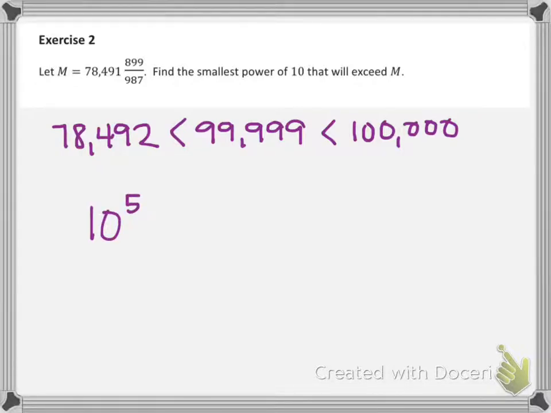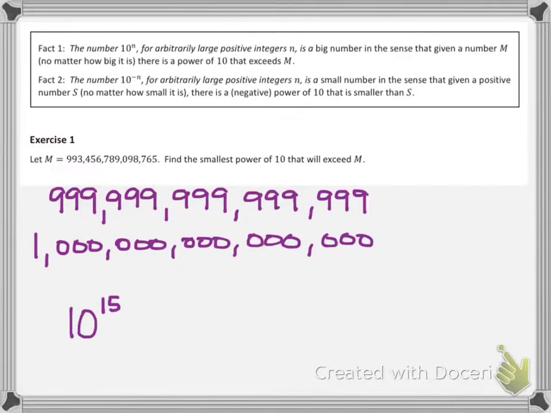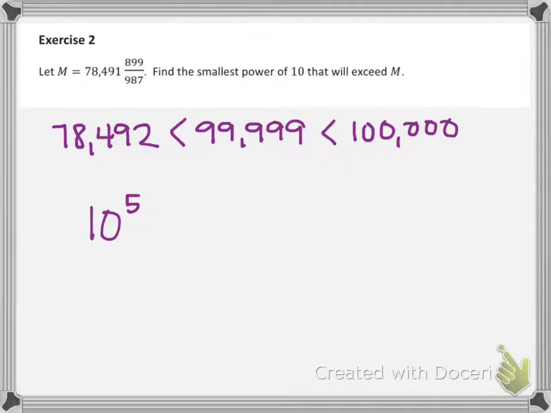And if you notice, if I back up to Exercise 1, we have 15 digits here: 3, 6, 9, 12, 15 digits, and notice what our exponent turned out to be, 10 to the 15th. In Exercise 2, we started out with 1, 2, 3, 4, 5.